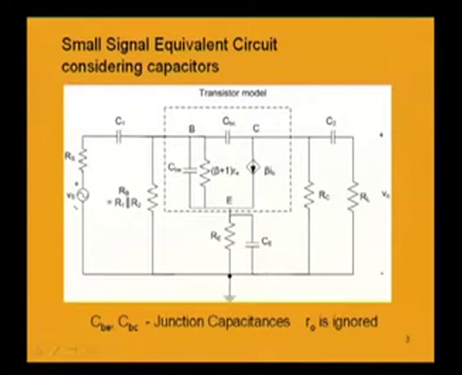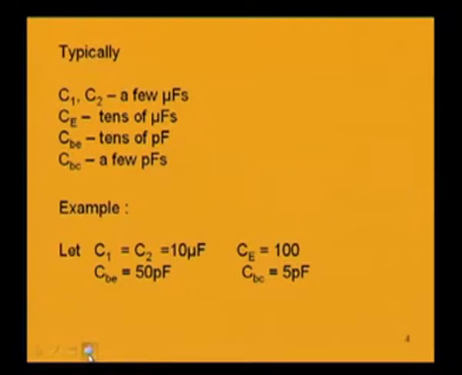Now what will happen if the signal frequency is in the mid frequency range? Let us go back into that discussion. We know the typical values of these capacitances. The coupling capacitances C1 and C2 are a few microfarads, and the bypass capacitor, which bypasses the emitter resistance Re, is in tens of microfarads, a bit higher than C1 and C2 but still in the microfarad range.